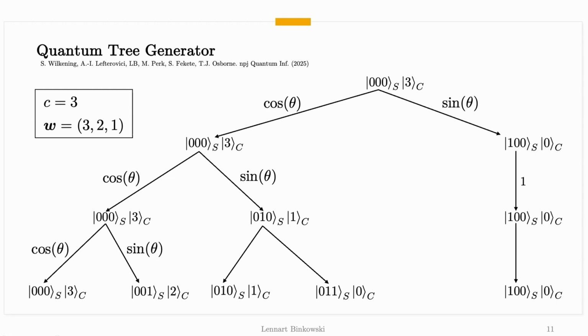And then with the third item, we do it in the same way. So in case there's still space, we include / exclude it in superposition. In both these cases, on the right-hand side of the tree, we again don't branch since we control this rotational gate on the capacity register, holding enough capacity for the weight of the last item.